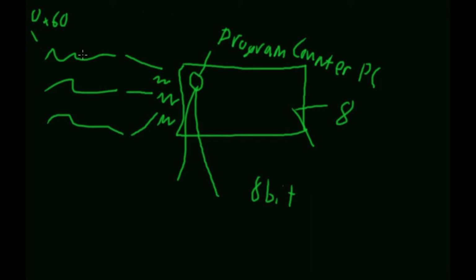It's going to read that value, increment it by 1, so it's going to be 0x61. Then it's going to read this one, do what it says, and then increment. That's basically the general pattern of how a processor reads instructions. So it comes from the first memory address, and then it increases the ROM or RAM address, depending on where your code is.